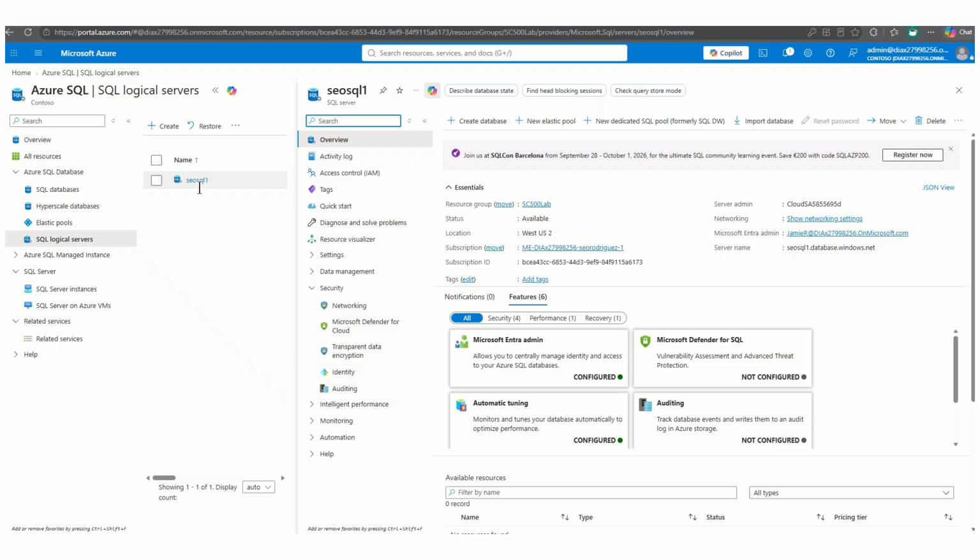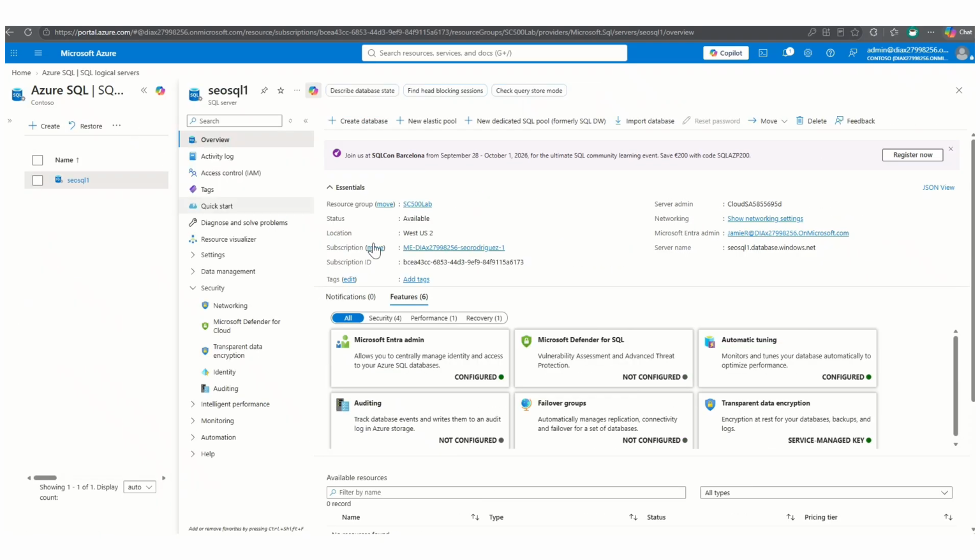But when you come to the page, here you get essentials information about the server, the resource group, the status, the location, subscription, and all relevant information.